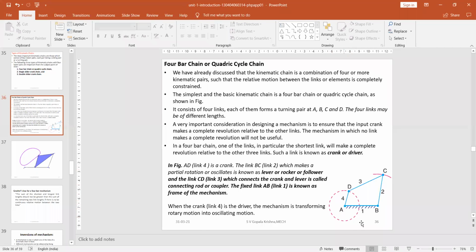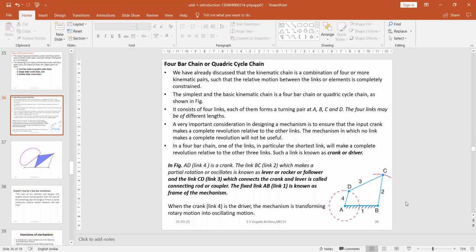How many pairs are there? Four pairs are there. These four pairs are all acting as turning pairs. In this, the main motive is to convert rotary motion to oscillatory or turning motion.